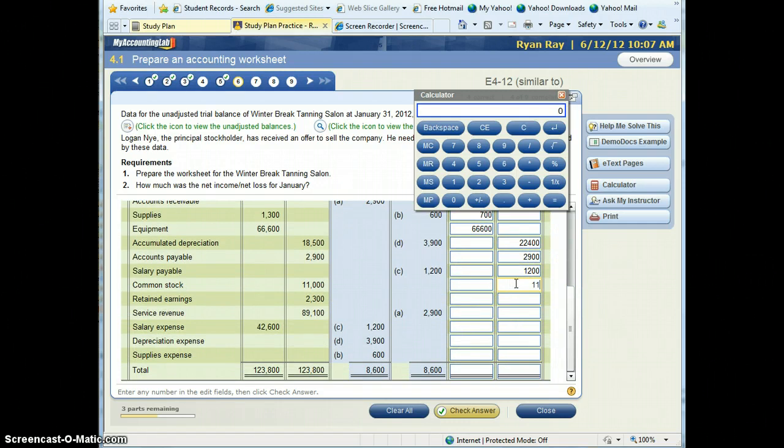Common stock was no adjustments, so 2,300 here. Retained earnings, bring it over. Service revenue, we have 89,100 plus 2,900, 92,000.